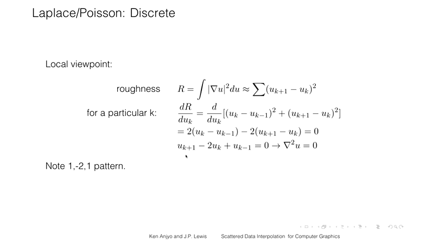Do this stuff, and it comes out with this pattern. So there's a -2. There's a 1 there, but because it's 1, I don't write it, and there's a 1 here. So we have a 1, -2, 1 pattern, which is the finite difference approximation to the second derivative. And to minimize things, we have to set that to 0. So that's saying the second derivative is 0, or in the multidimensional case, that's the Laplace equation. The Laplacian is equal to 0.